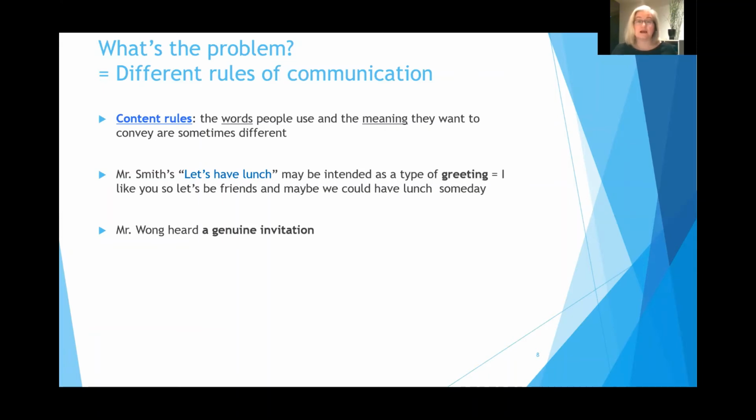So in other words, "I like you, I enjoyed talking to you, so let's be friends and maybe we could have lunch someday." On the other hand, as we can see that Mr. Wong became annoyed, we can assume that Mr. Wong heard a genuine invitation. So to him, those words, "let's have lunch," implied that Mr. Smith would call him again and try to arrange a lunch meeting sometime.